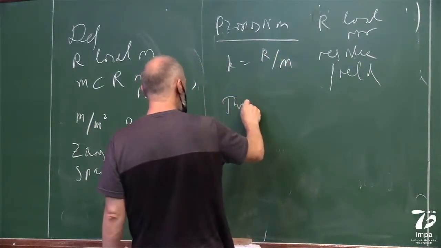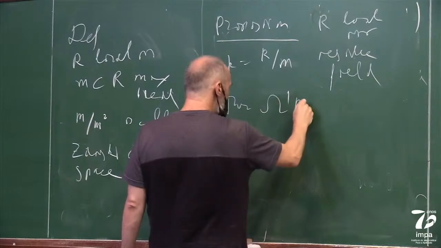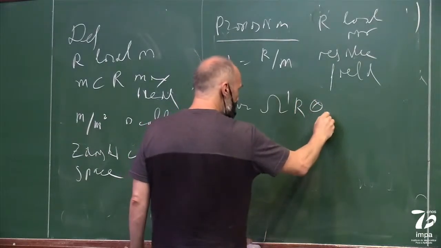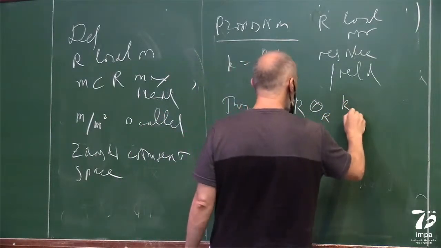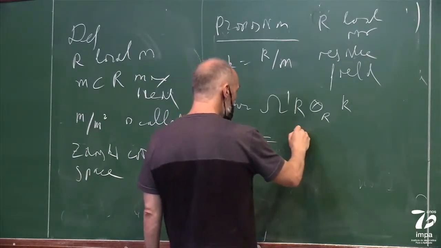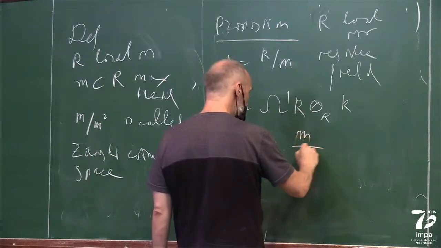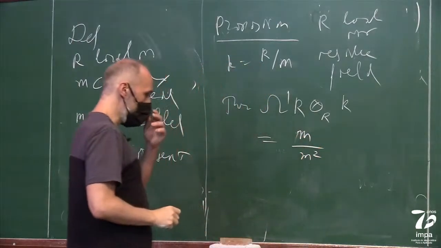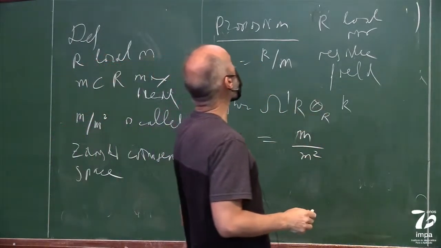Then omega 1 of R tensored over R with the residue field is equal to the Zariski cotangent space. This is why I needed these exact sequences, only for that.